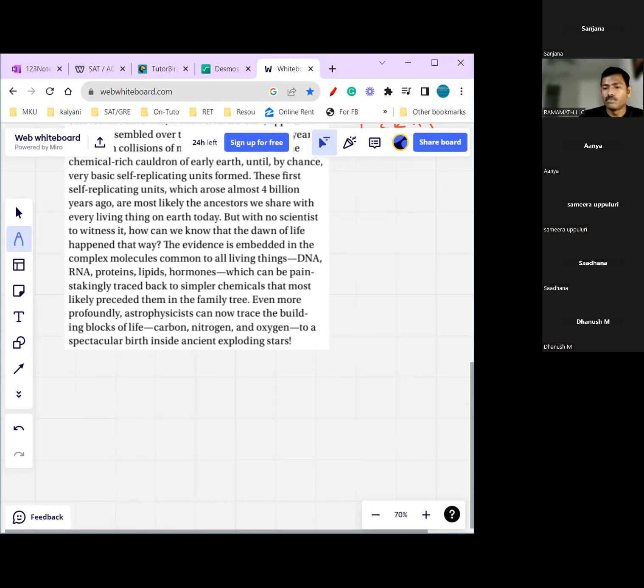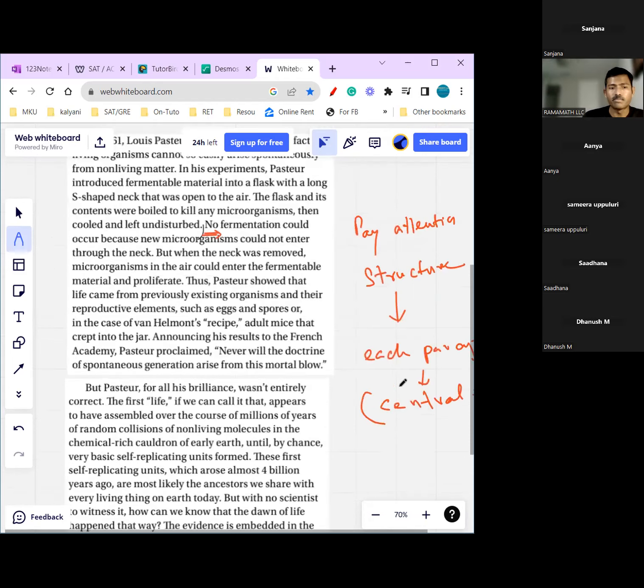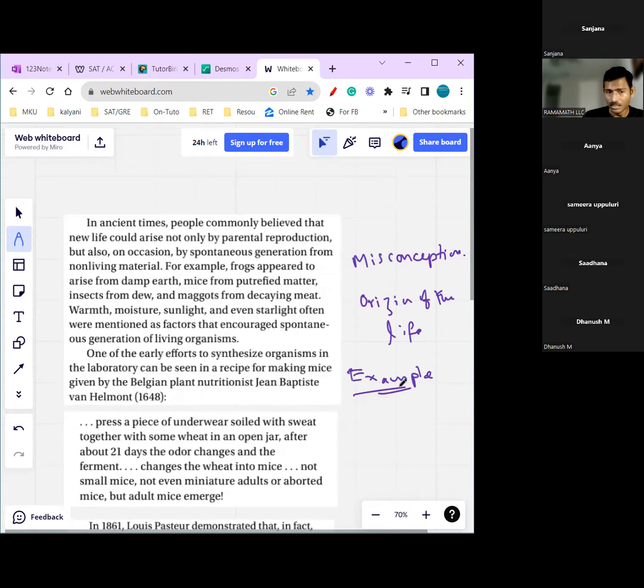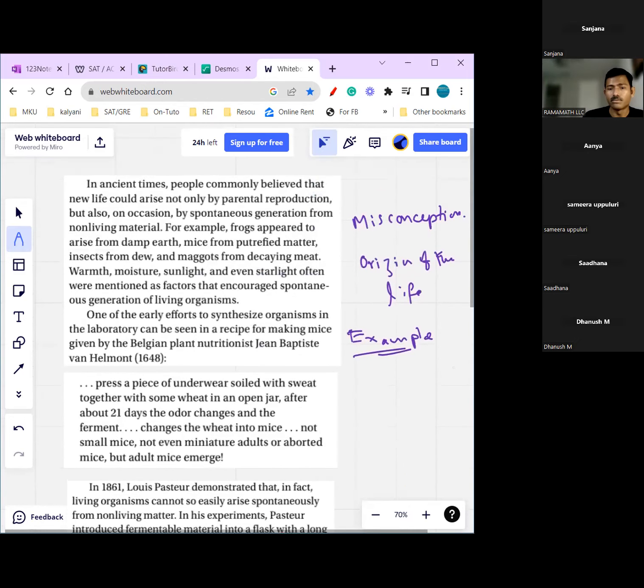Most passages' structure depends on the purpose of the passage itself. Now, expository passages, I think I gave you those notes before.